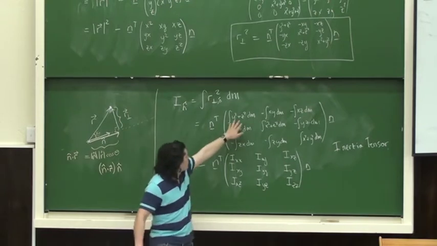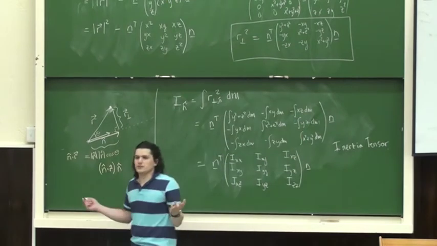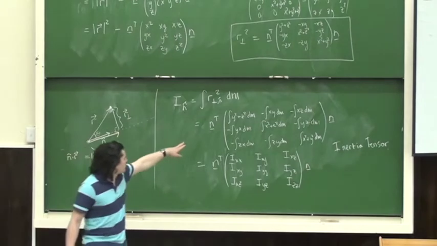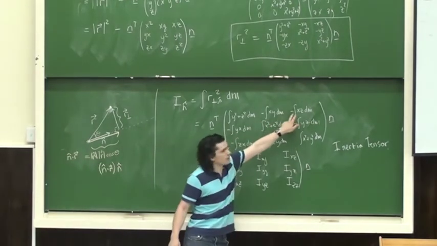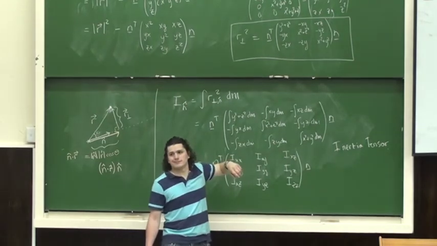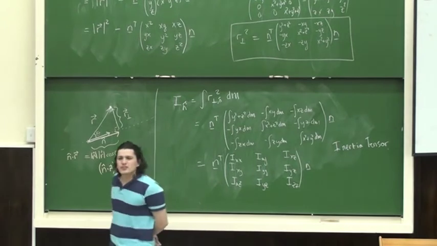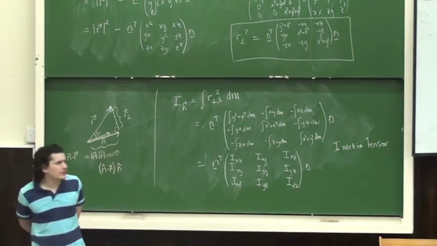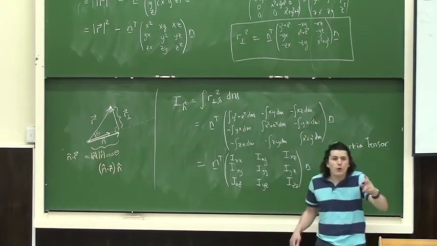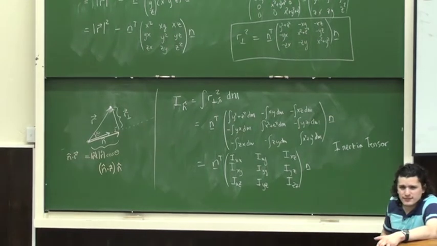And so these entries are all non-negative, and in fact positive if the object is not squashed. These are squares. The diagonal entries are strictly positive. The entries are not zero. And they are all real numbers. The matrix is real and symmetric.